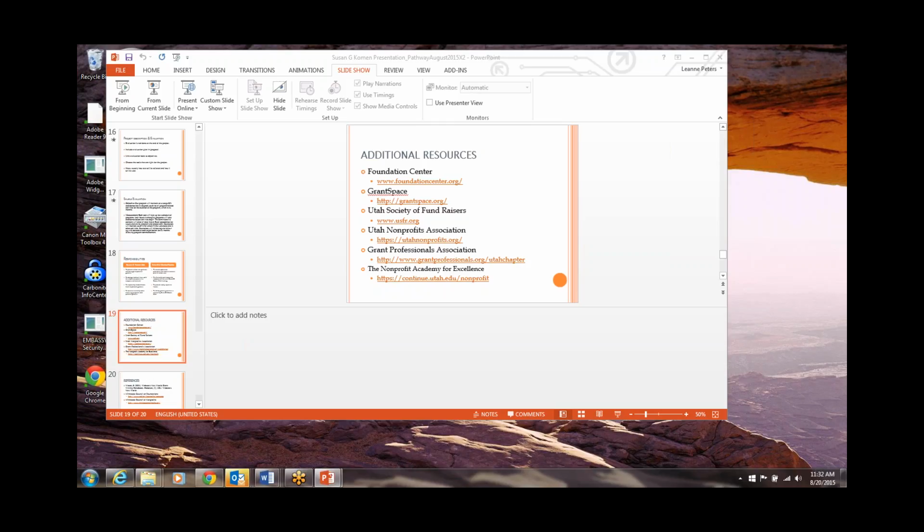And then if you want any additional training, the Nonprofit Academy at the U does grant training courses, which I realize is an extra expense, but sometimes they do them at a discounted rate for larger groups, or they have special events going on where you can go in and check in with them. They also have, and not just grant writing, I should clarify, it is nonprofit, so it's board governance, finance, if you have questions about budgets.